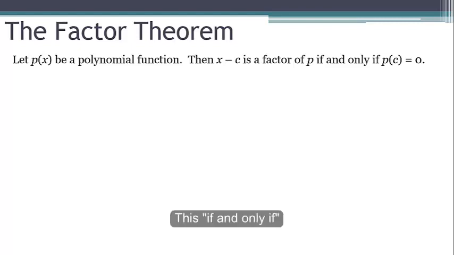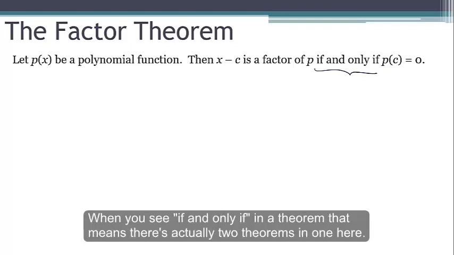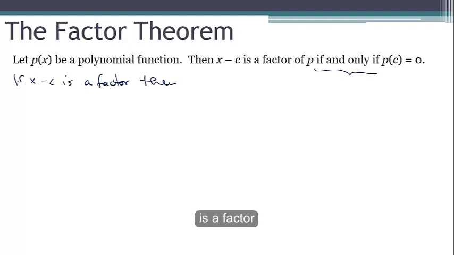So this is a good one for us to look at if you're kind of new to proving things. This if and only if here sounds like we're just trying to emphasize the point, but it isn't. This is a technical term. When you see if and only if in a theorem, that means there's actually two theorems in one. The first one is: if x minus c is a factor, then p of c equals 0.